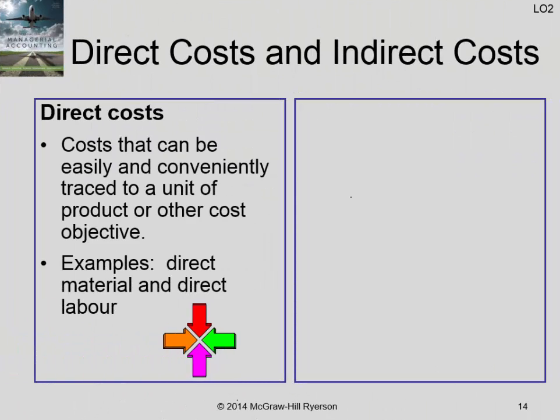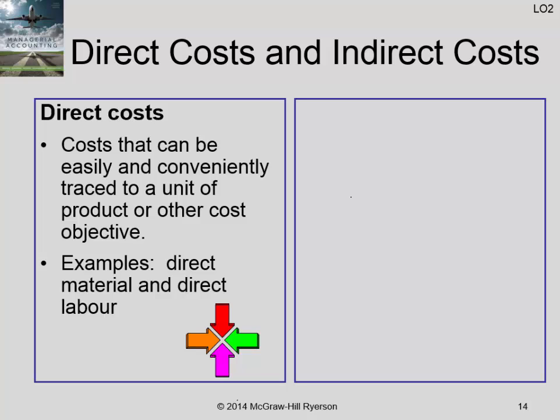So another way we can classify costs is by the terms direct or indirect. And this has to do with how easily we can trace or attach them to the product that is being produced. They fall into two broad categories. The first is direct costs.